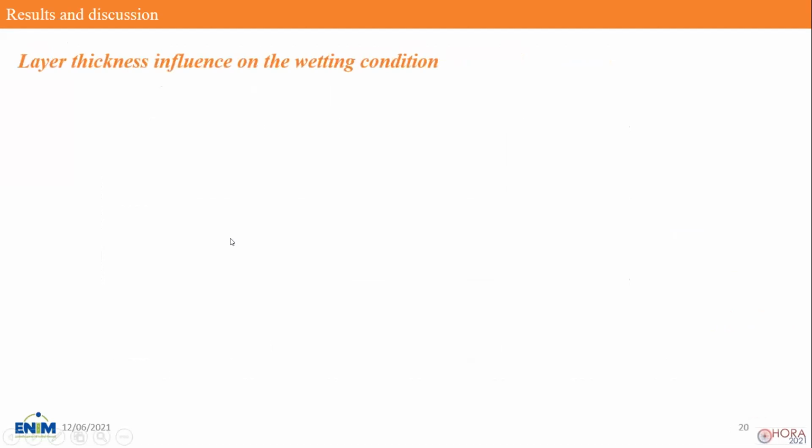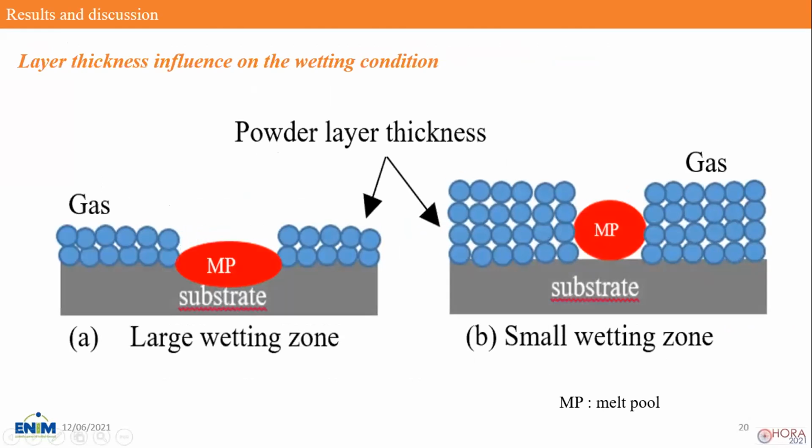In fact, a larger layer thickness could enable a big melt pool. The melt pool is far away from the substrate, leading to a relatively small contact zone between the melt pool and the substrate. In this condition, the small wetting area could not support the big melt pool. Thus, the melt pool tends to break up into balls.